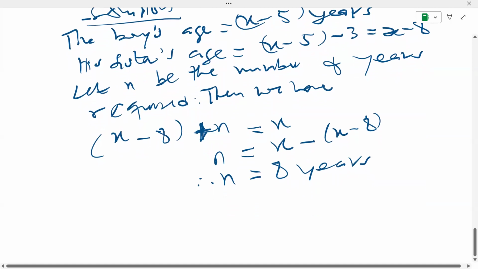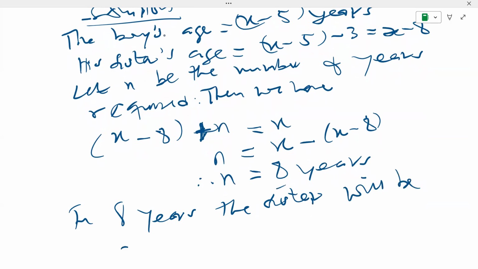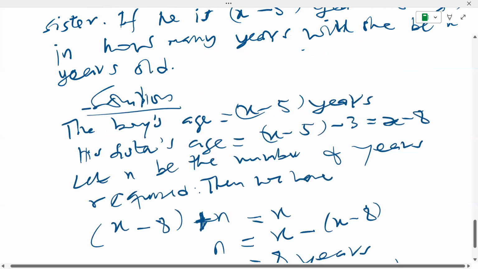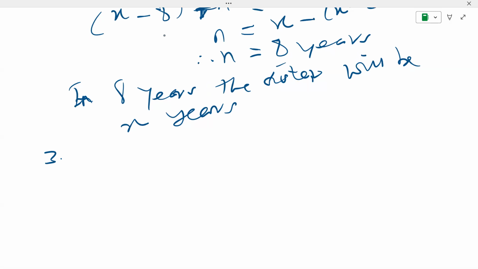So in 8 years, the sister will be x years. Great. And so that does it for this question as well. Right, so we want to move on to the third question. I'm writing that down and then we shall look at it.